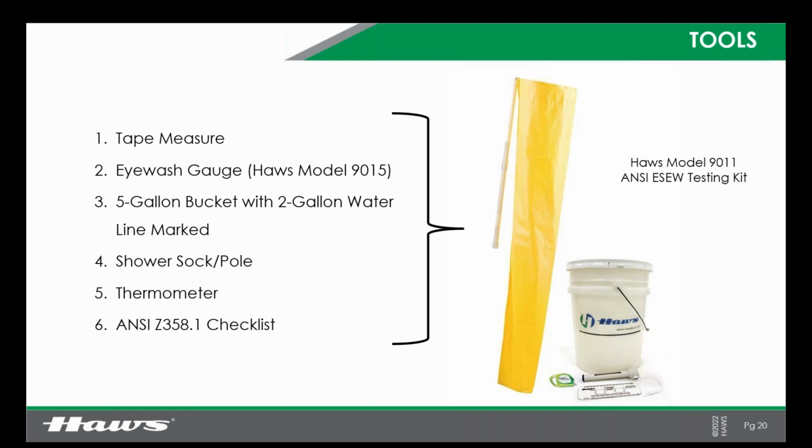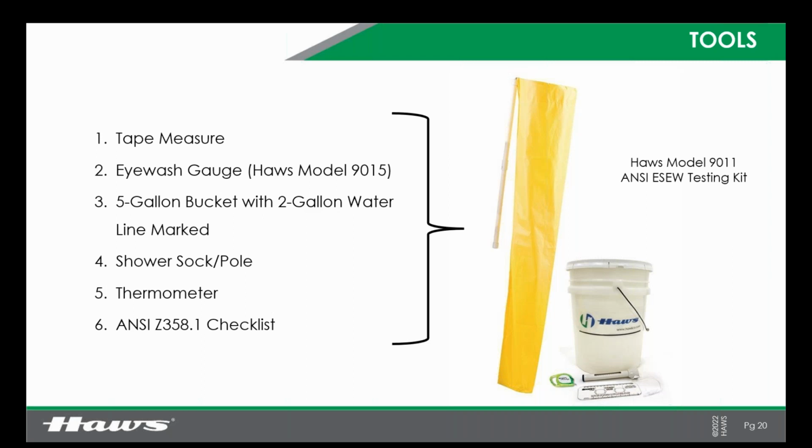You need a shower sock and pole because it is called a drench shower for a reason. Best case scenario, you're getting about 20-ish GPM out of the shower head. Worst case scenario, you're holding on for dear life because you're getting about 30 to 40 GPM coming out of the shower. So hold on tight.